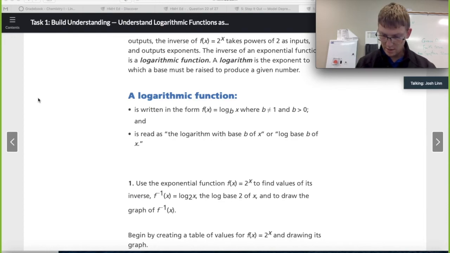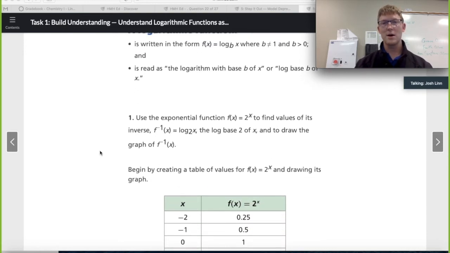The way that reads is f of x equals log base b of x, or the logarithm with base b of x. So that's how you would say these things if you're talking about them.